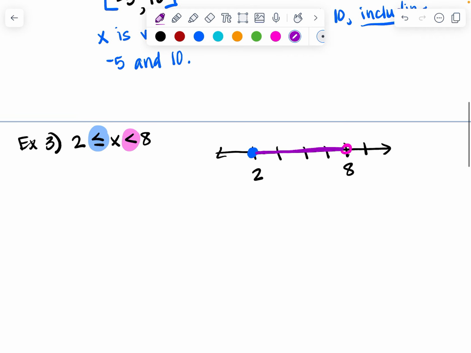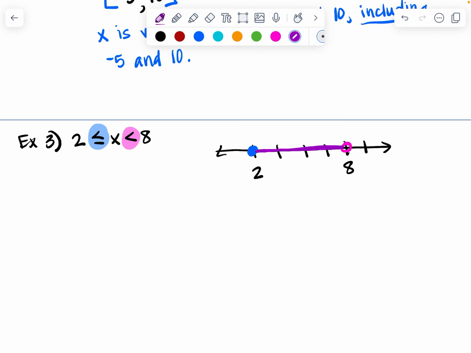The line in between. Interval solution will have a bracket next to the 2 and a parentheses next to the 8.